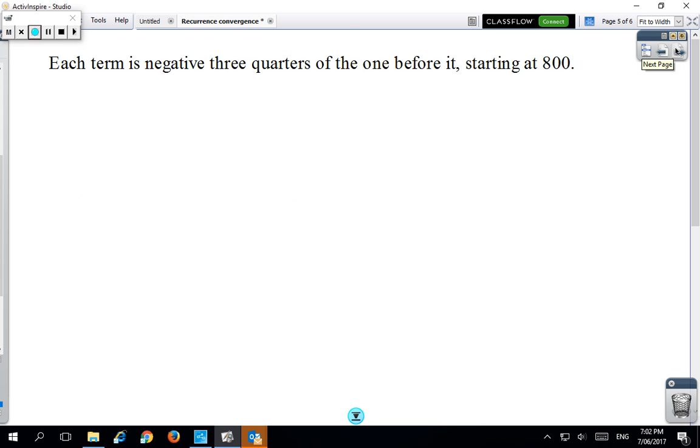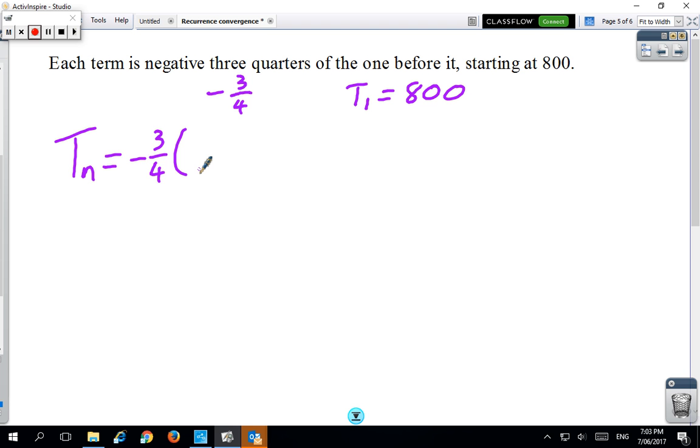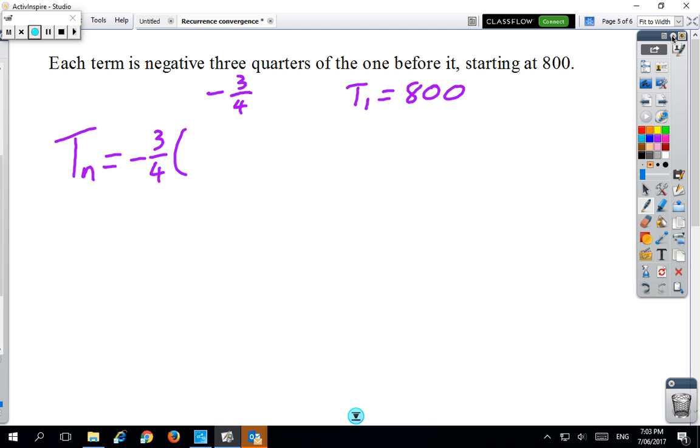So our new page. And here I've just gone straight to the recurrence relationship I want to create. Each term is -3/4 of the one before it, starting at 800. Just making a few little notes for myself there. So the recurrence relationship Tn would be -3/4 of every term before.